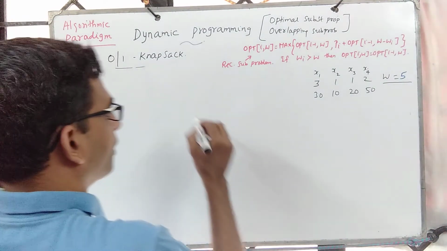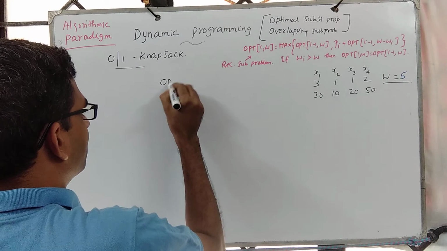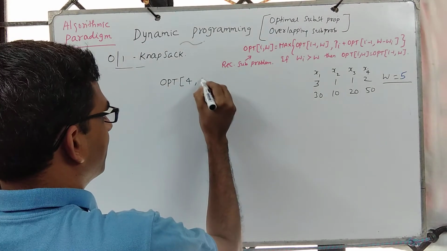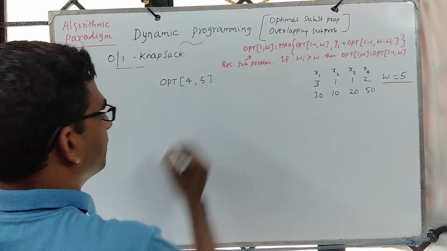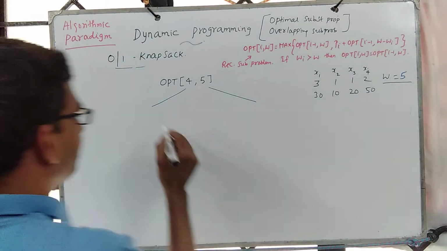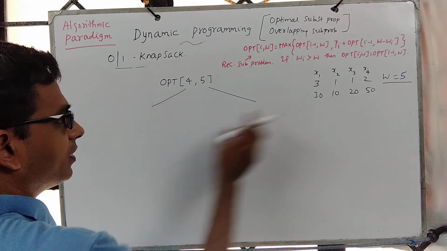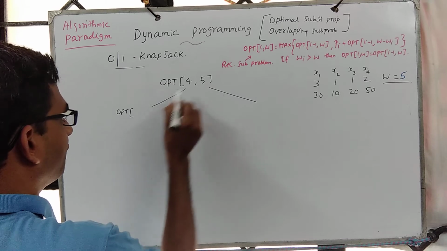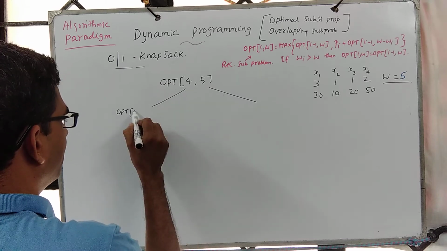So to start with, we will have opt of 4, 5, since there are 4 objects and the max capacity is 5. We move left, and to the left we take this subproblem, opt of, where we don't include the object.